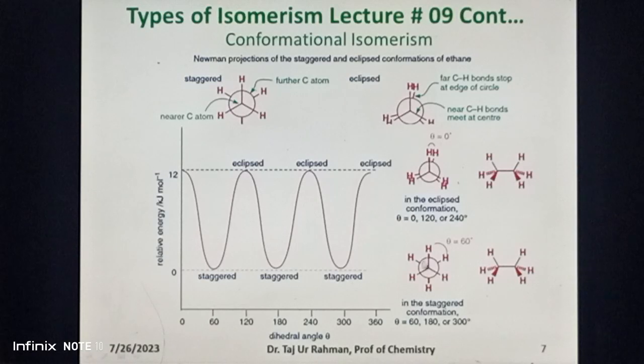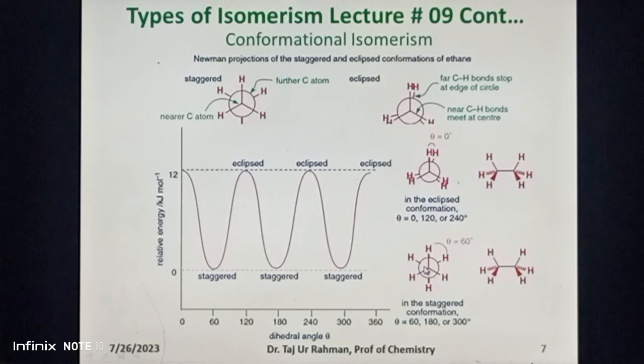We get this structure, called the staggered conformation of ethane, in which all the carbon-hydrogen bonds are far apart from each other, and thus the steric strain is minimum here in this staggered conformation.